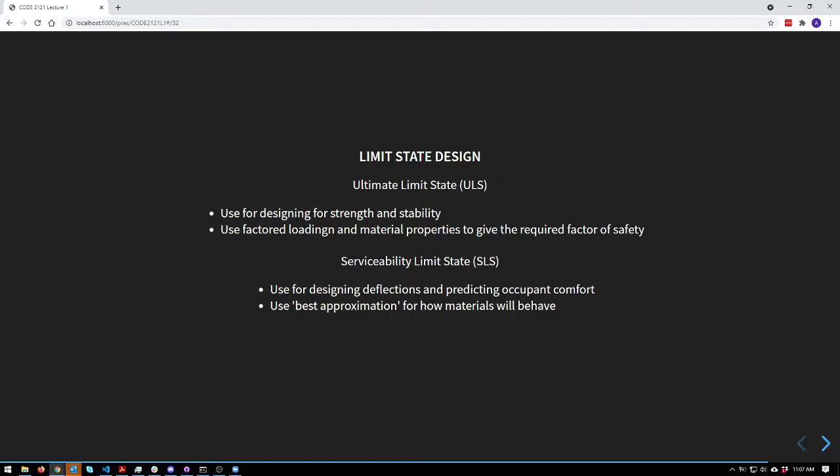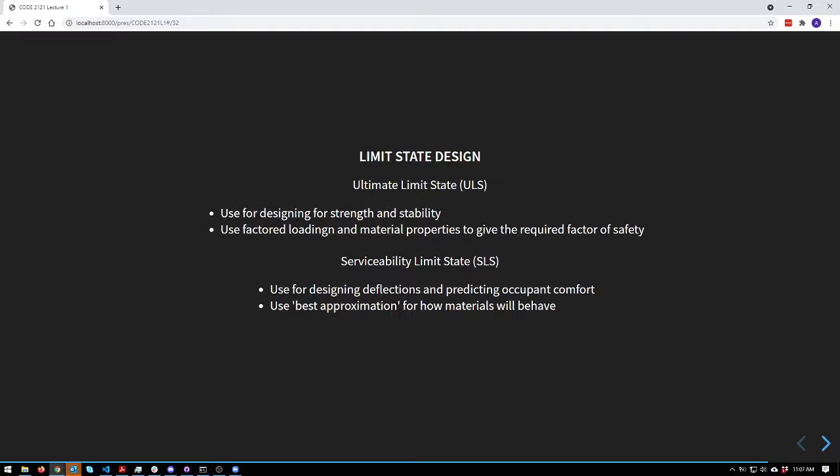Serviceability limit states are more pointed towards buildings that humans might exist in. So designing for deflections and predicting occupant comfort. So if you're in a 30-story tower and you're at the very top, remember how I mentioned buildings, they're going to have that flexibility. Towers, tall towers actually sway in the wind, and they can safely sway in the wind to an extent that makes people worried.